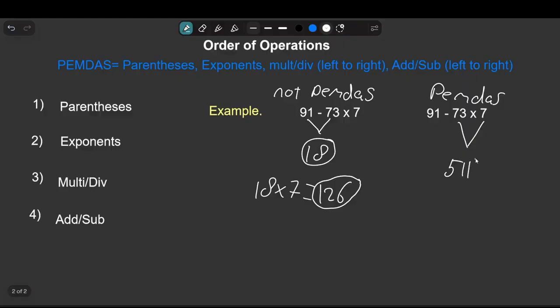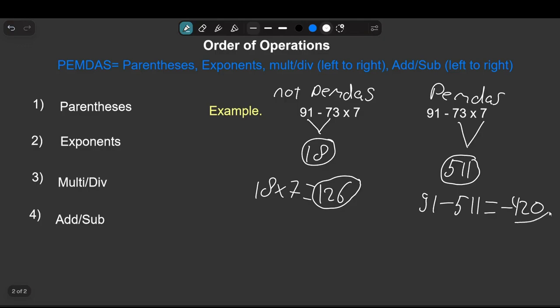It's 511. Now, all we have to do is subtract the 511 from the 91. So this will get us a completely different answer, which will be minus 420.